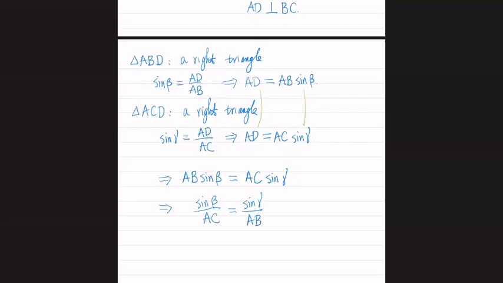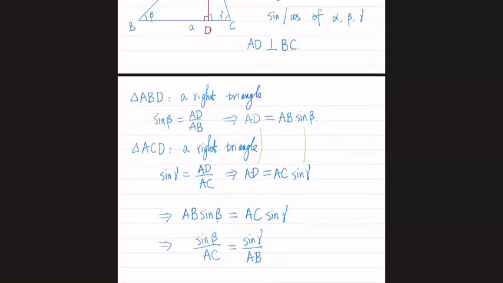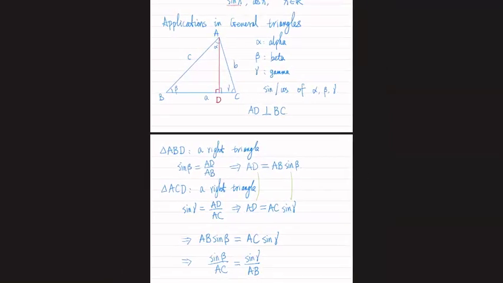This is a very interesting formula. What does it mean? It means in this triangle, the ratio of sine beta with AC is the same as the ratio of sine gamma over AB.